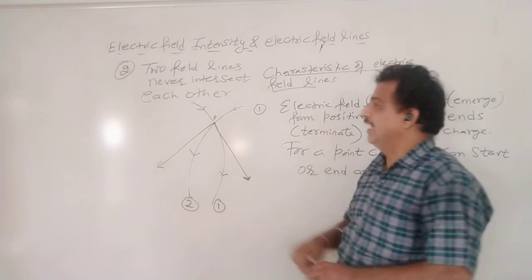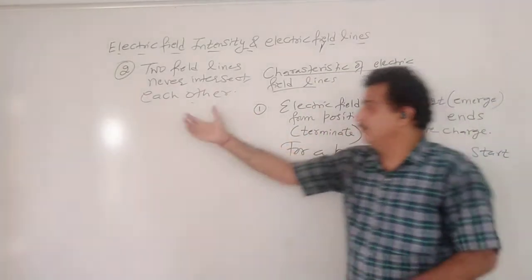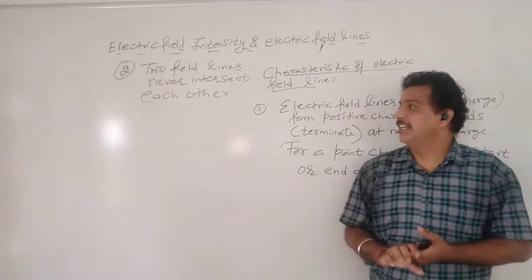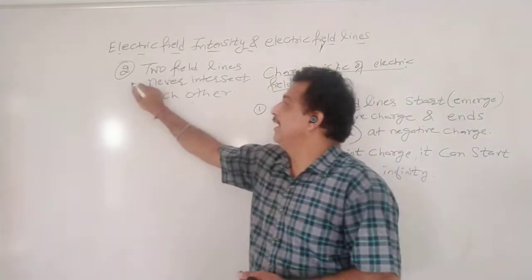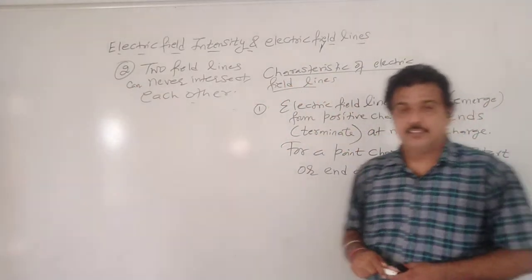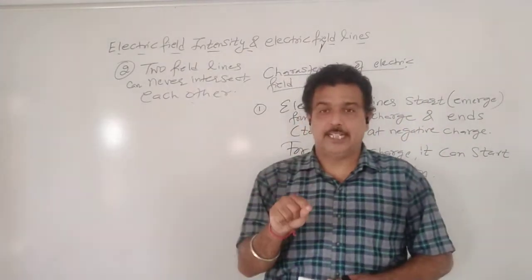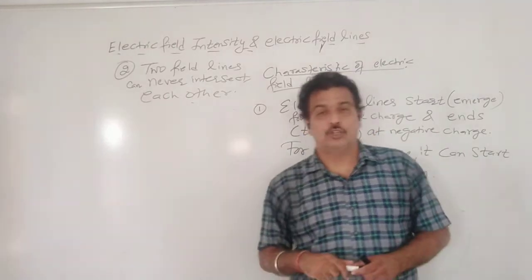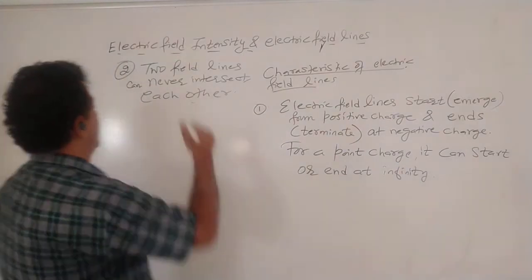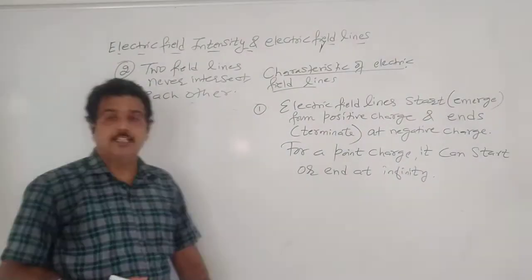So two field lines can never intersect each other, because if they intersect, then at the point of intersection there are two tangents indicating two directions of electric field intensity, which is not at all possible. So the second characteristic is important, where the two field lines can never intersect each other.